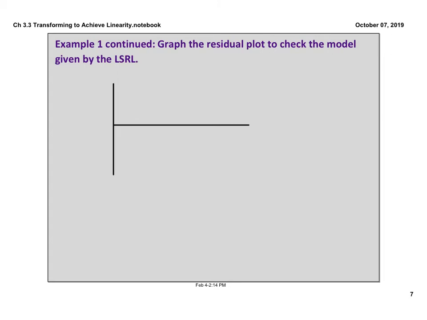And again, I like to hit the trace button because it's helpful to know what points I'm looking at. This is still the frying time in minutes, still my same X, but now this is the resid. So there are my residuals.